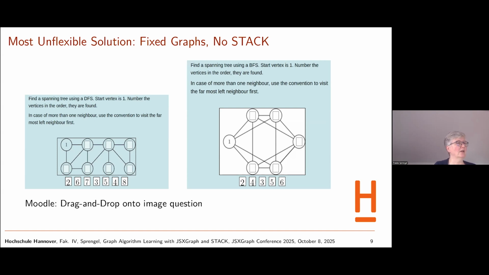You see here the convention to visit the far most left. If you stand on a vertex, have a look at the graph and take the most left neighbor. In this kind of question, you have to do it this way because you have only one possible solution.